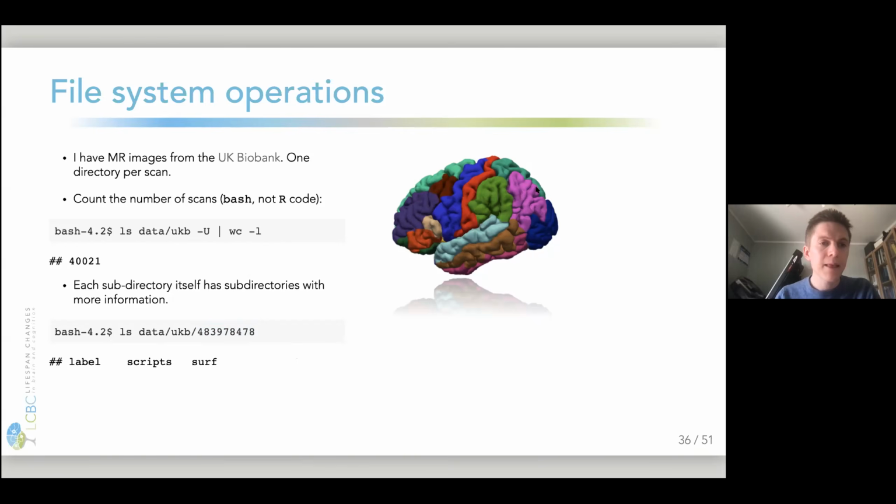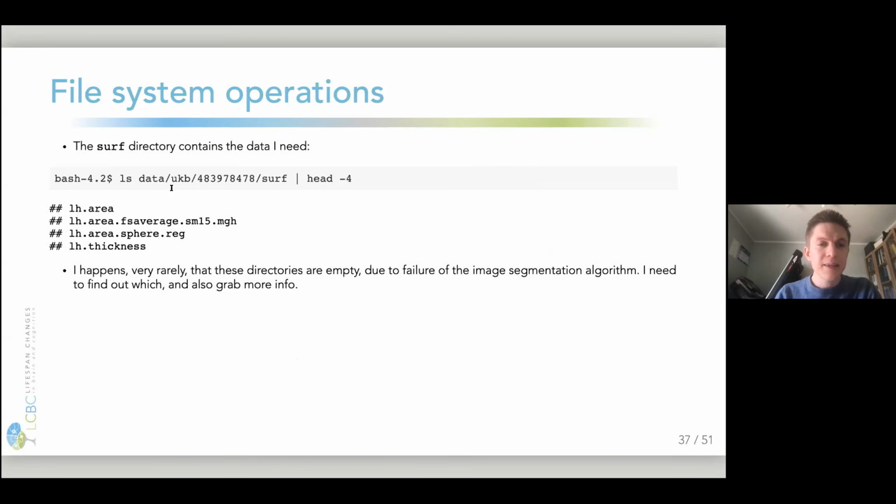Inside surf is the data that I need. For example, it contains the area of your left hemisphere, a very dense map over 100,000 pixels showing the area of your cerebral cortex. And then we have some smoothed version, and we have the thickness, and so on.